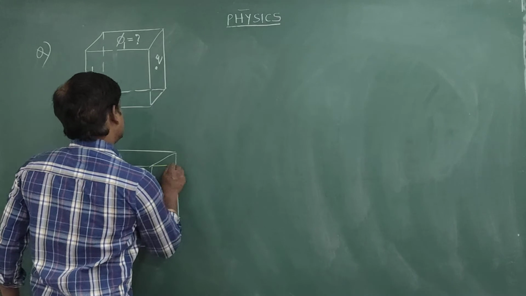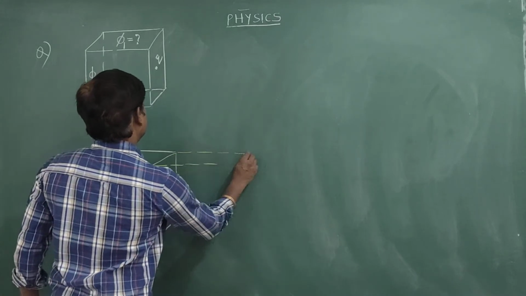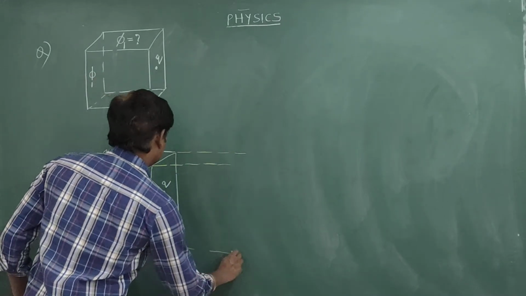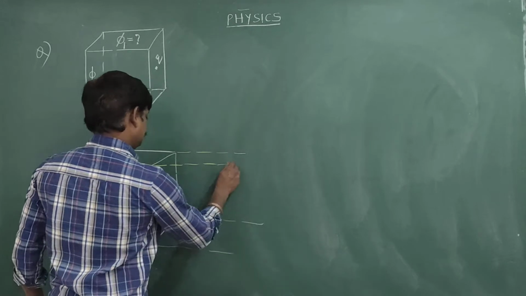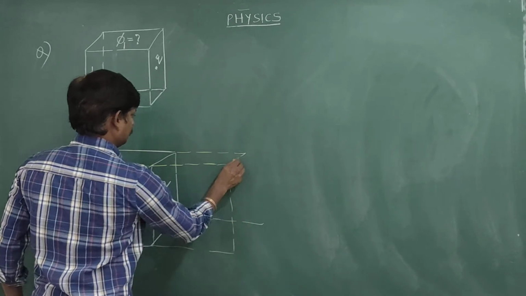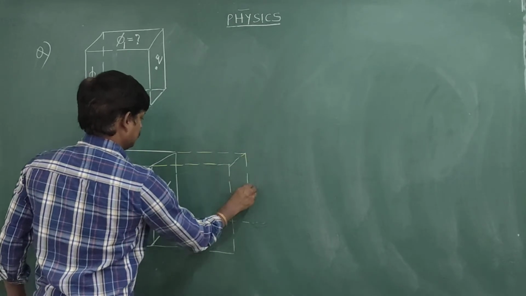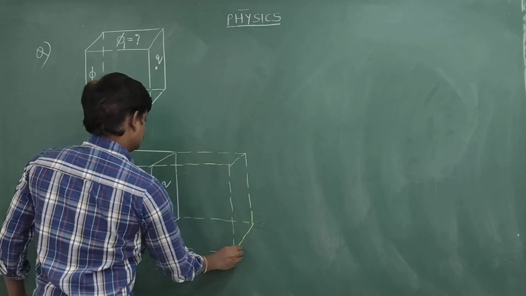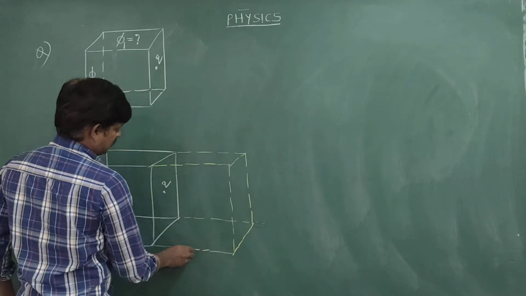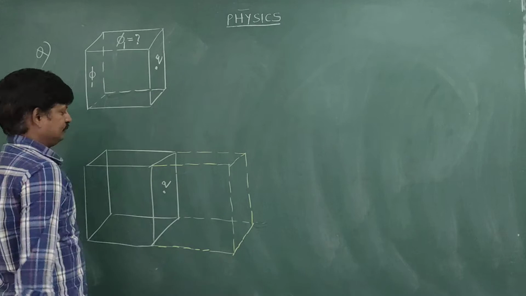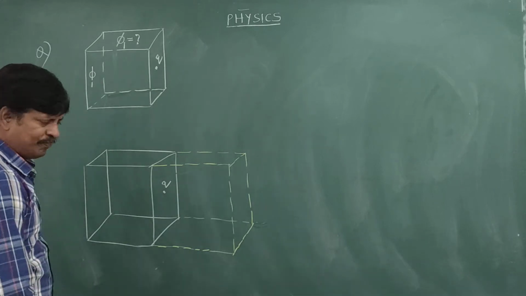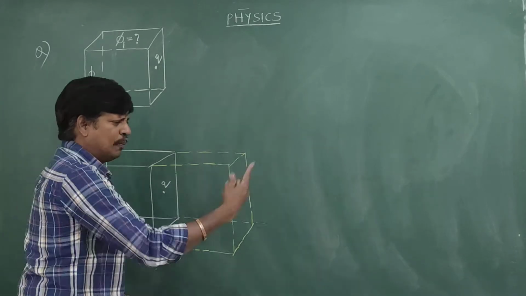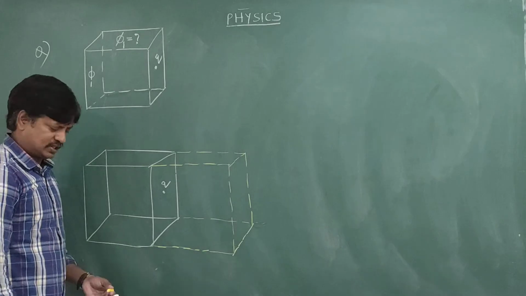So imagine another identical cubical surface. Is that clear? Now the charge is identical to both the cubes. Will you agree with that?